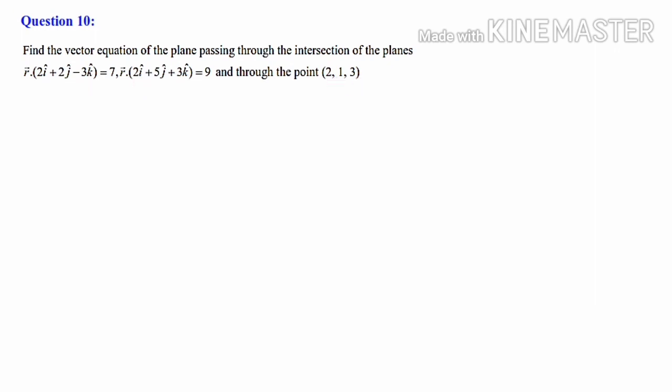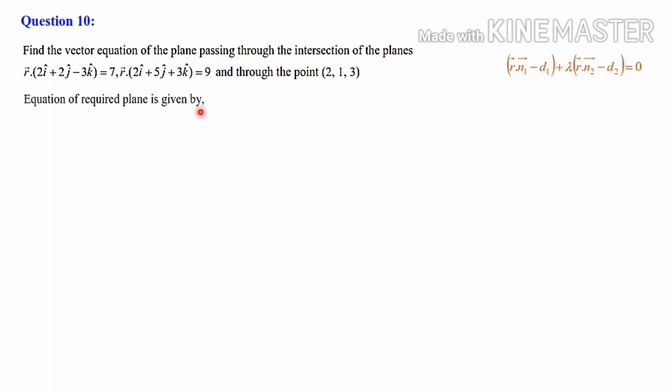Let's recall the formula in vector form, that is plane 1 plus lambda into plane 2 is equal to 0. That is, vector r dot vector n1 minus d1, plus lambda into vector r dot vector n2 minus d2, equal to 0. To recall: plane 1 plus lambda into plane 2, p1 plus lambda p2 equal to 0.